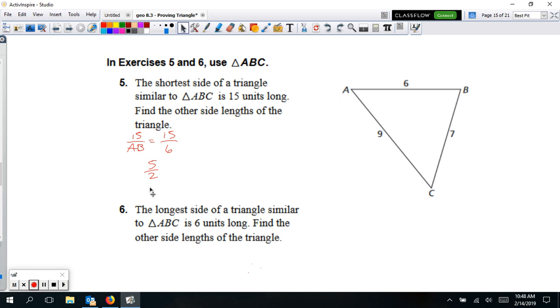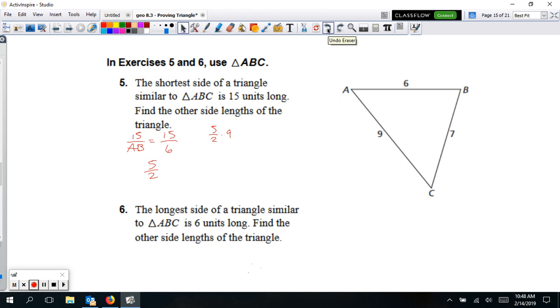And what we could do then is figure out the other side lengths from that. So we're going to now use these other side lengths. The next one would be 9, so we can multiply 5 over 2 times 9 to get that side length. 5 times 9 is 45.